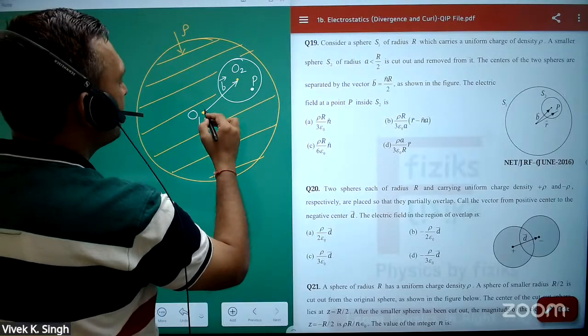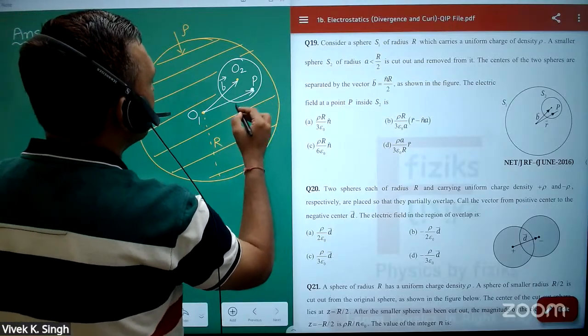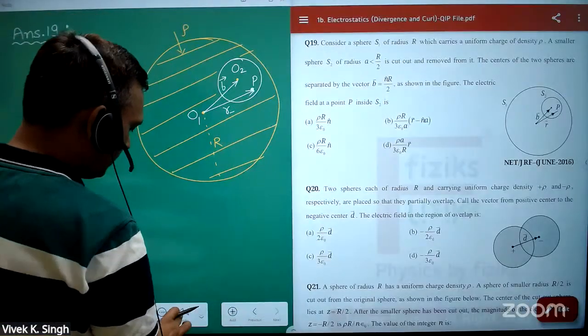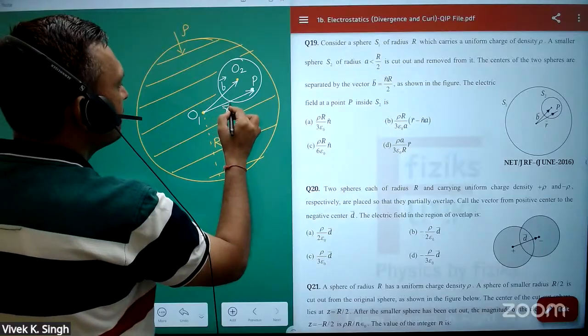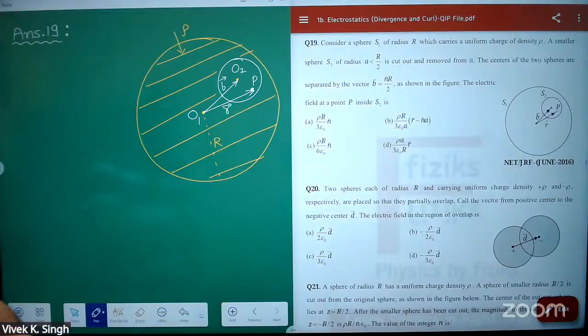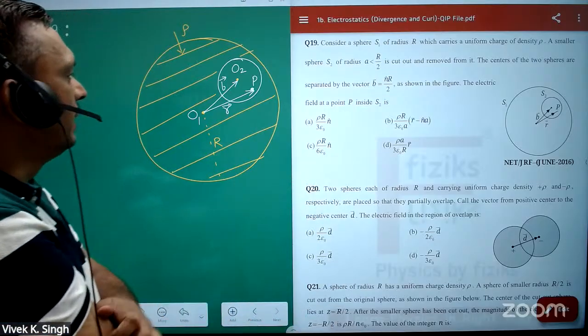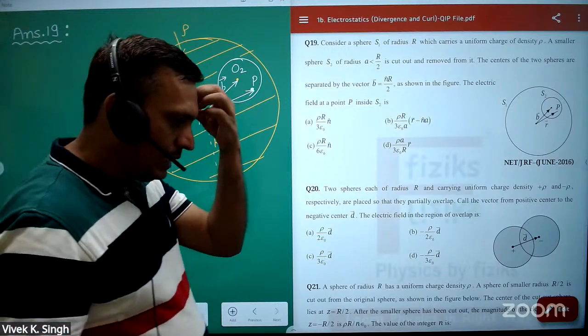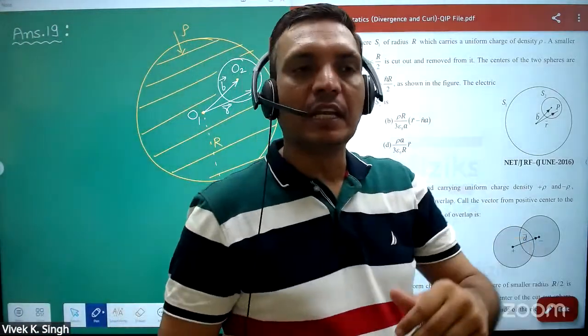So if this vector is given as R, this vector is R. But you have to write answer either in terms of R or in terms of N. Now see, there is a cavity and this cavity is unsymmetrically placed.